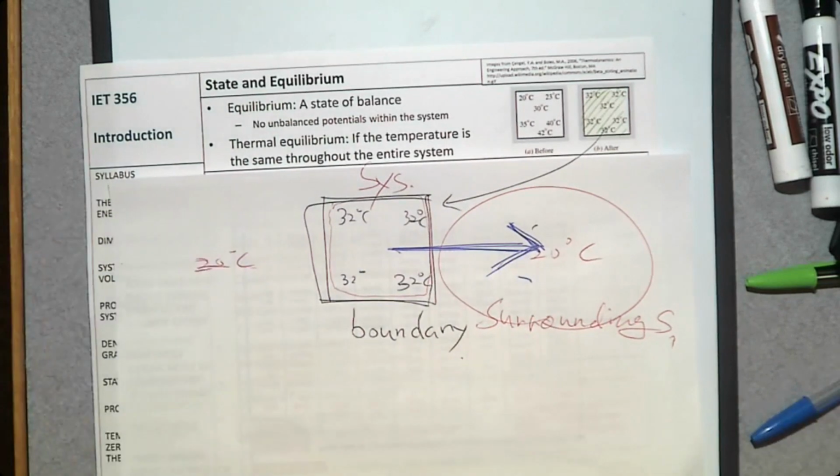So we study energy transfer between a system and its surroundings. To study that, we need to assume everywhere in the system is in thermal equilibrium, and everywhere outside is also in thermal equilibrium. So when I ask what is the temperature of the system, it's going to be 32. What is the temperature of the surrounding? It's going to be 20.